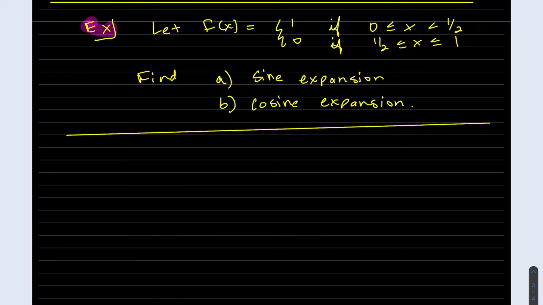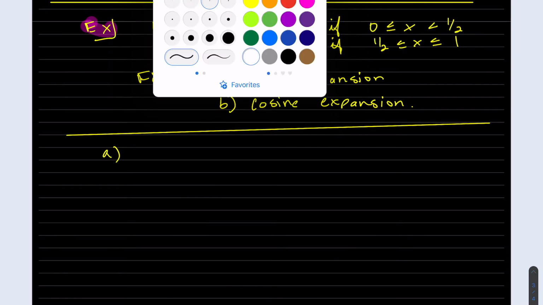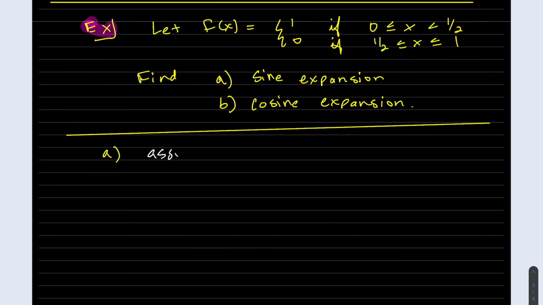Since this function's only defined between 0 and 1, we don't know what it's defined on the left. Depending on how it's defined to the left, it depends on whether it's odd or even. So the first example, A, we're just going to assume f is odd. If it's odd, you get the sine expansion.